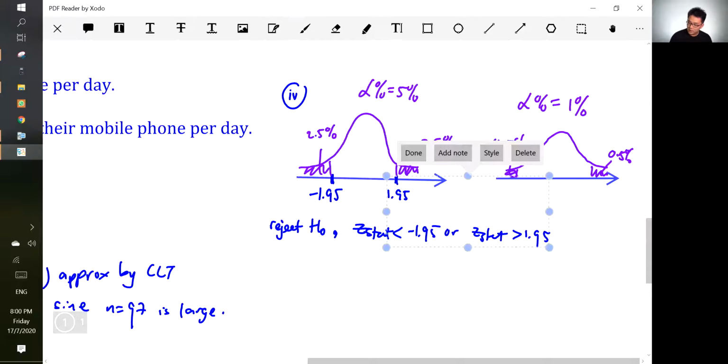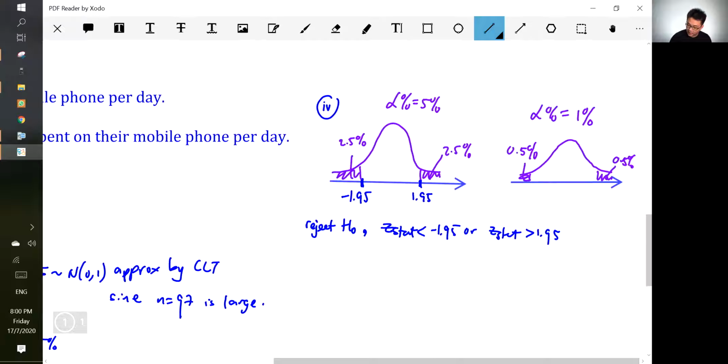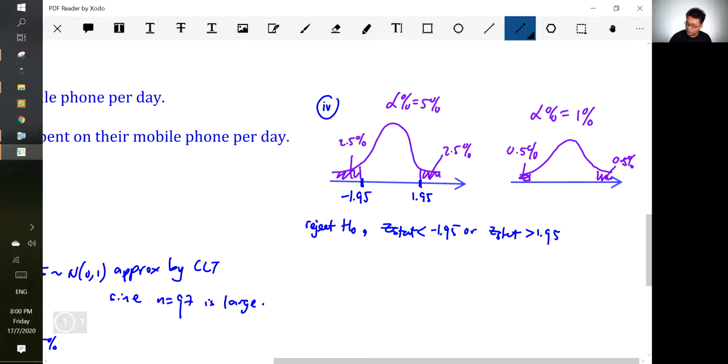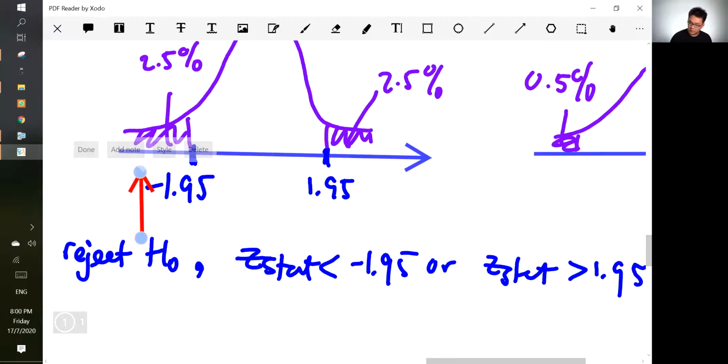Let me explain: Z stat can be anywhere here. Because you reject H naught, Z stat could be very far at the end, or here, near to 1.95. It could be anywhere here.